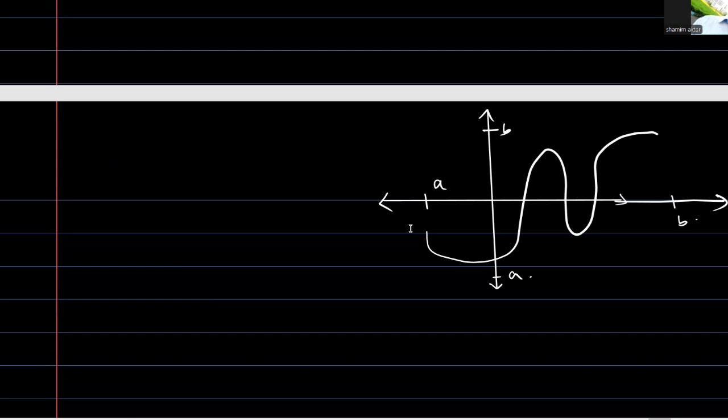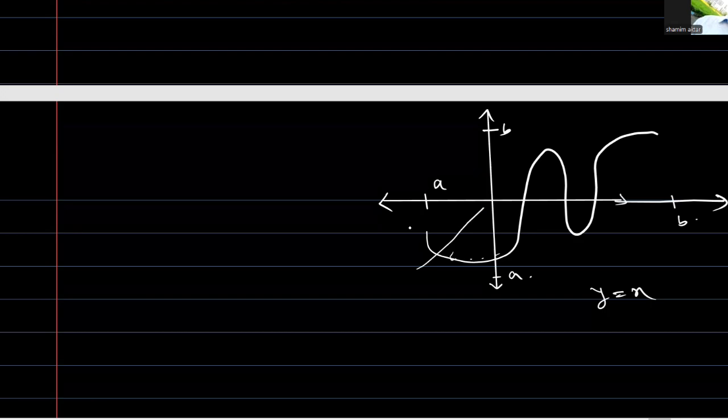Actually, the fixed point theorem says that first we draw the graph. Okay, this is my graph. And draw the straight line y is equal to x. Next we need to see where the straight line y equals x intersects the graph and locate these points.